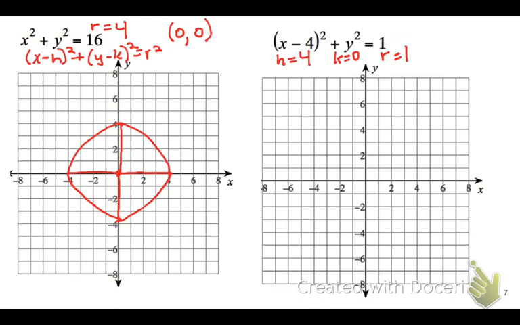So my center is at (4, 0). My radius is 1, so I'm going to count 1 away here. And I'm going to draw my circle.